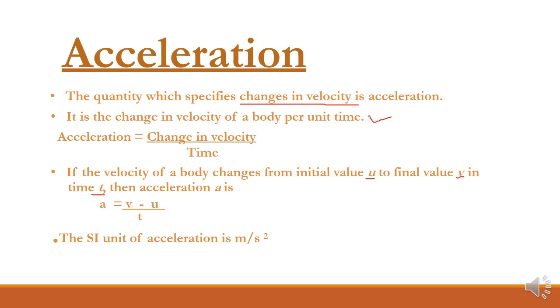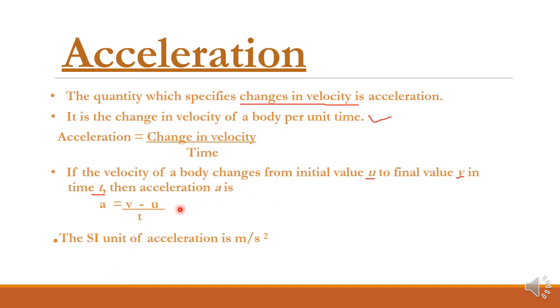Then the acceleration a will be a equals v minus u upon t. What does it mean? Final velocity minus initial velocity upon time taken. This is what it means.